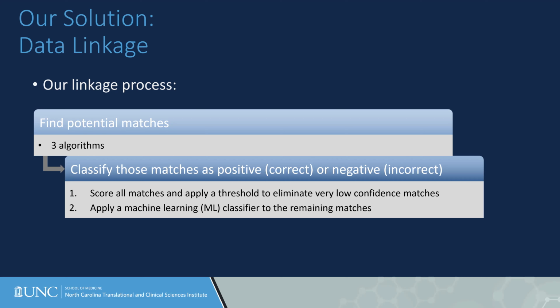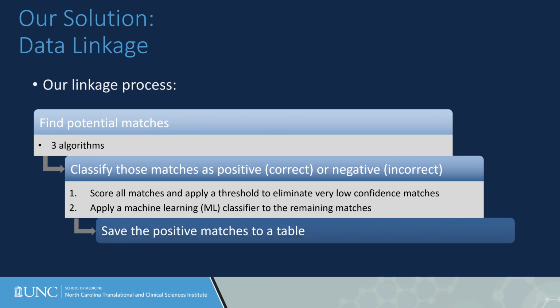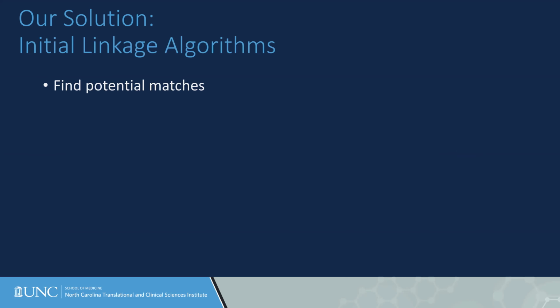The first involves assigning a score to each potential match and then applying a threshold, eliminating all of the lowest confidence matches. In the second stage, we run all the remaining ones through a machine learning classifier. Once we get out all of the positive matches at the end, we can save those as our final results. So let's dive into a little more detail on these.